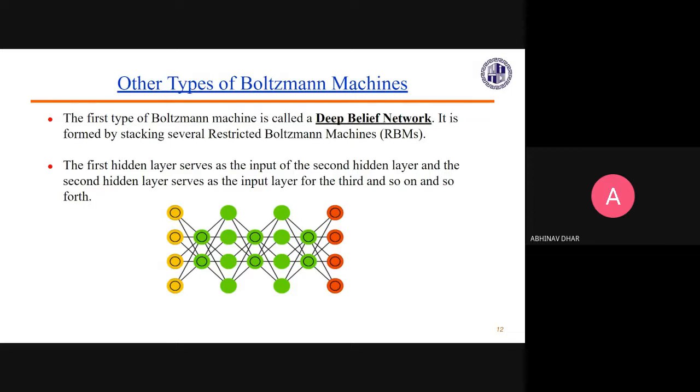Unlike the general Boltzmann machine, a deep belief network is not multi-directional. It is unidirectional, and the flow of the data moves from top to bottom.